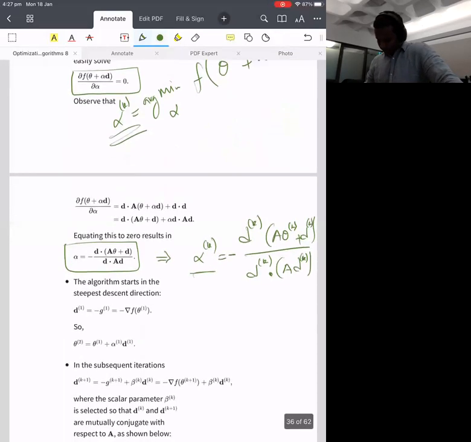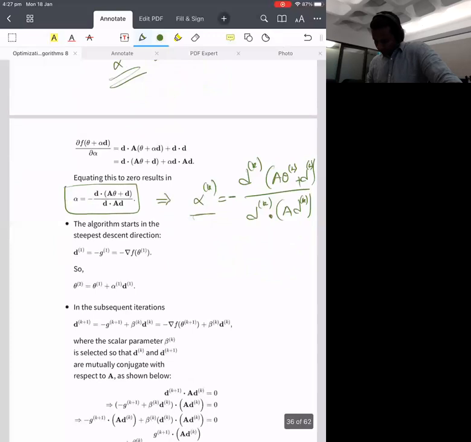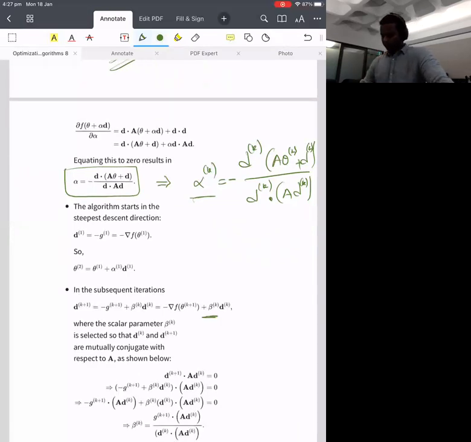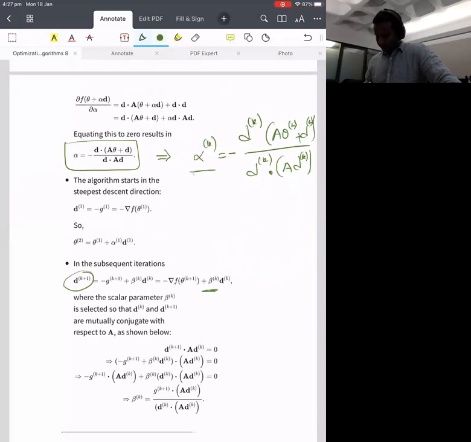Once you have this, you can find beta k just using the property that the next direction is conjugate with dk. If you use that property, beta k becomes this, and we can compute it exactly.